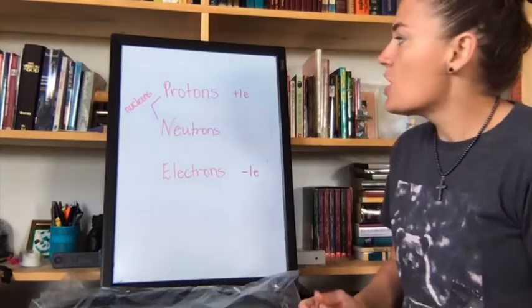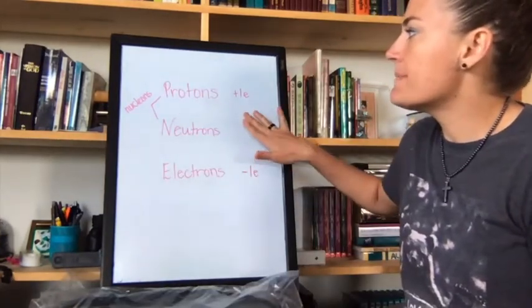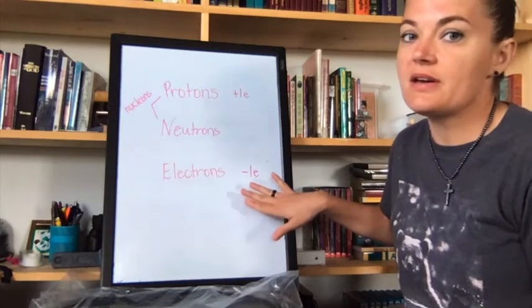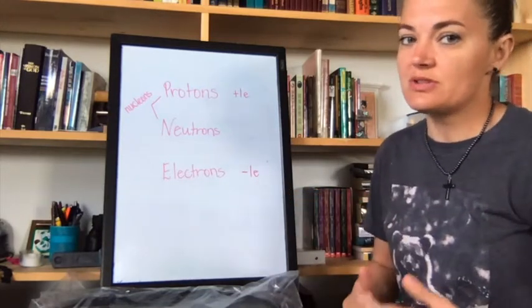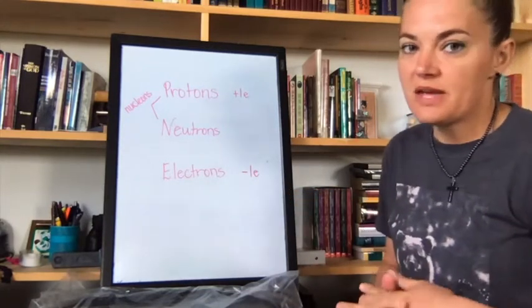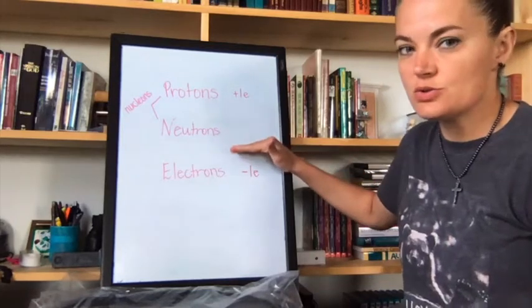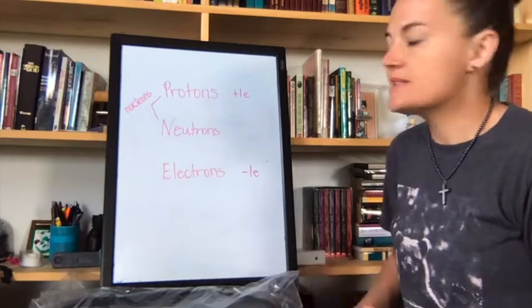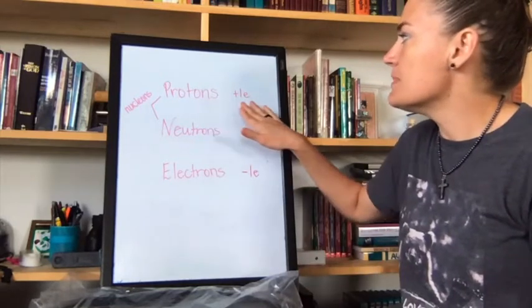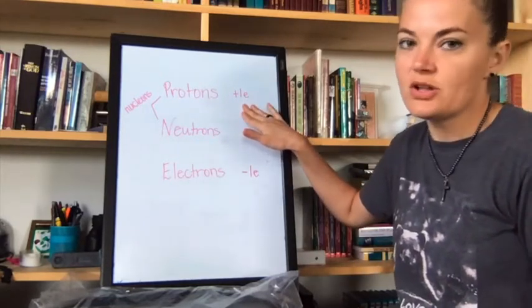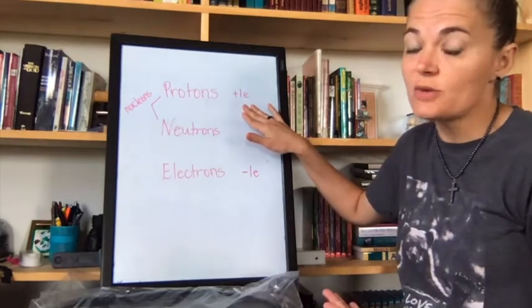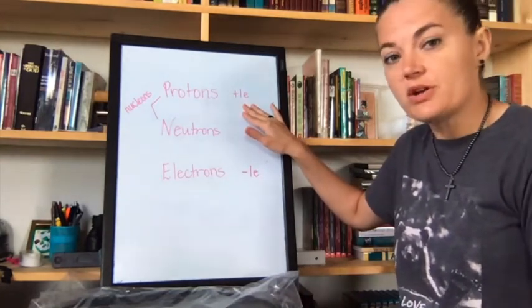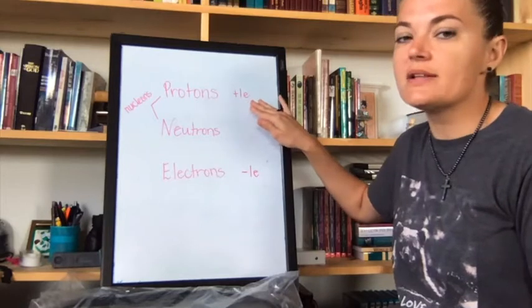Okay, so we start with the basics of the atom, which you already learned at the beginning of this year. Atoms are made of protons, neutrons, and electrons. What we know about these is that protons emit one fundamental electrical charge. We didn't use that term early on, but we are using it now.